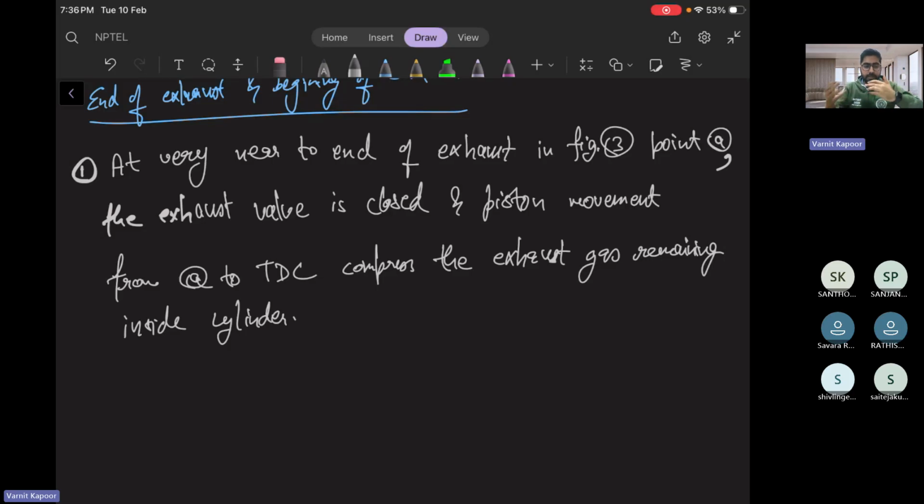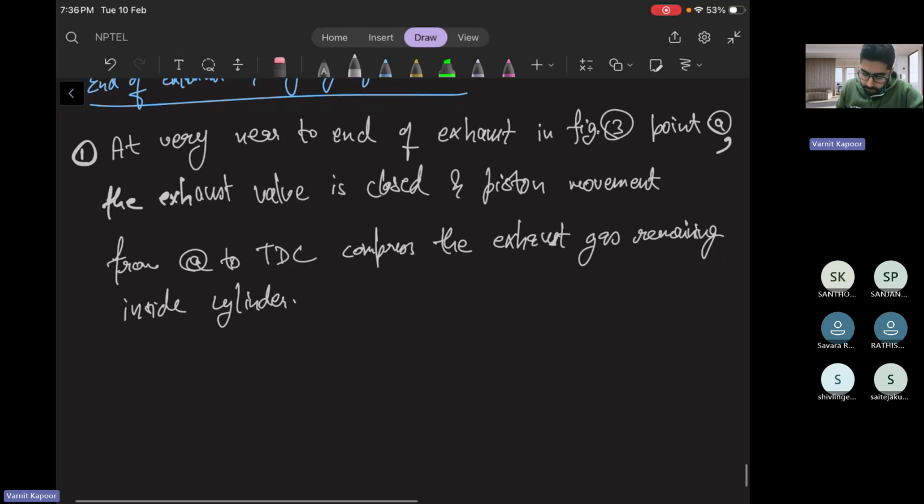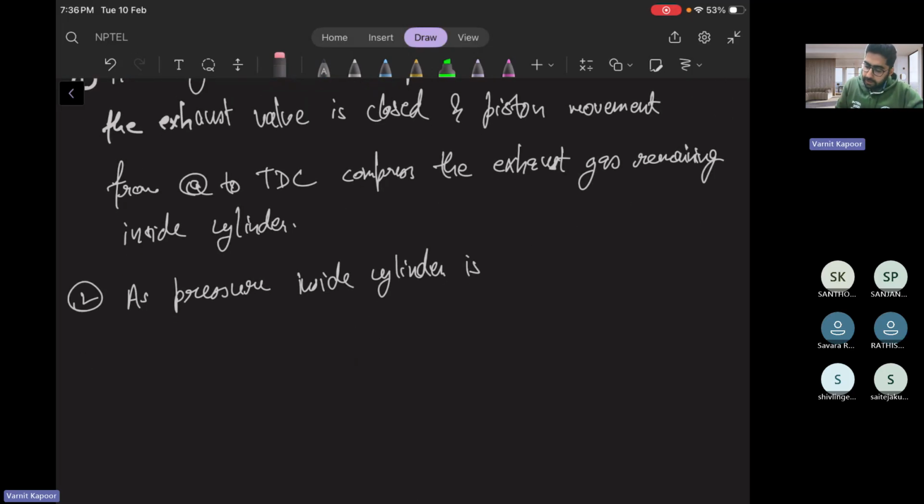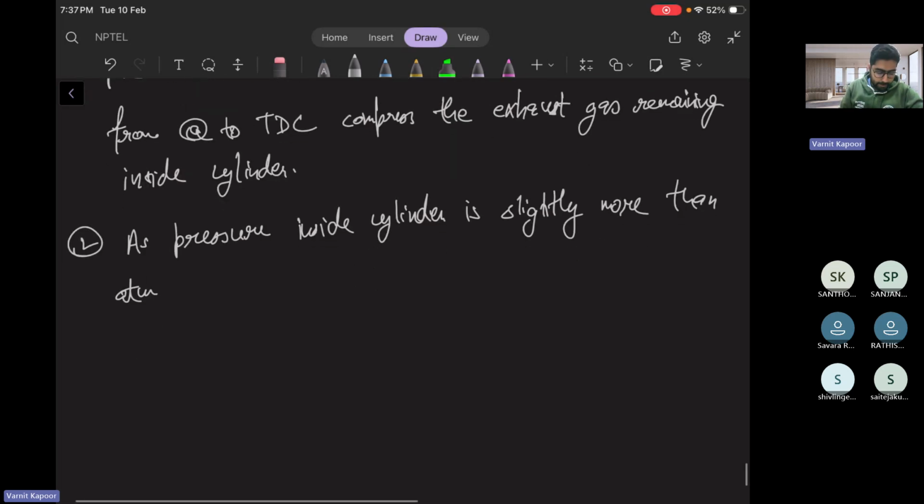As the pressure inside the cylinder is not high, but slightly more than atmosphere, P of cylinder is almost 1.05 to 1.11 times P atmosphere.